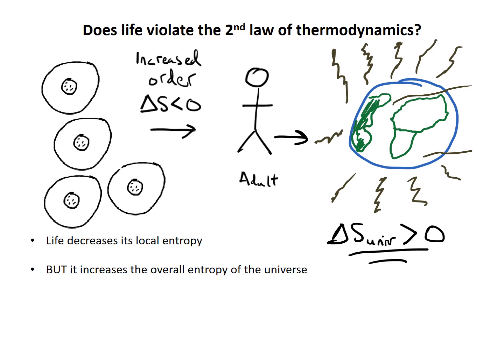Look at what we have done with this Earth. We have produced so much pollution and global warming. So individually, we get a reduced entropy, yes, but globally, we increase the entropy. So think of a refrigerator. It cools down the interior by heating up its surroundings.